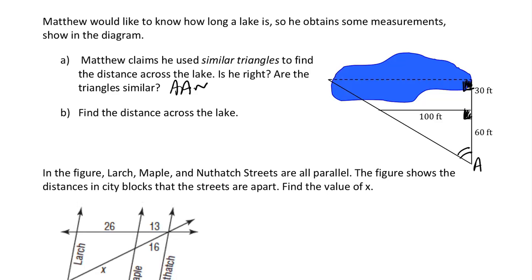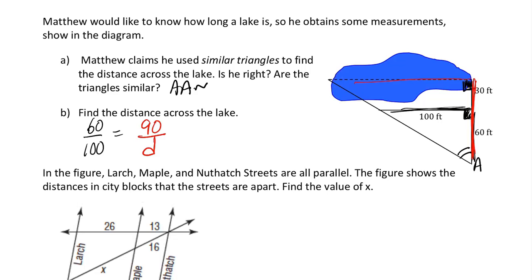So what we need to do is just write a proportional statement, let's say 60 over 100. What side is corresponding to this 60 side? Well, that would be this entire side, which is 90. And then the distance we're looking for.